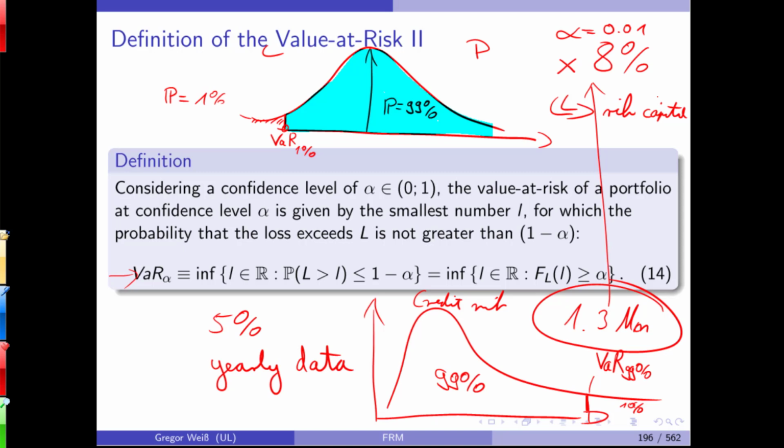Basel II demanded and mandated from banks that they calculate their value at risk, take the value at risk, multiply it with 8%, more or less, and what comes out of this calculation is the required statutory risk capital.